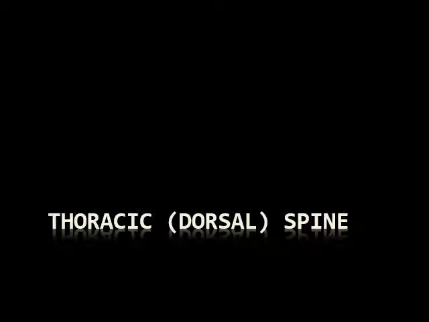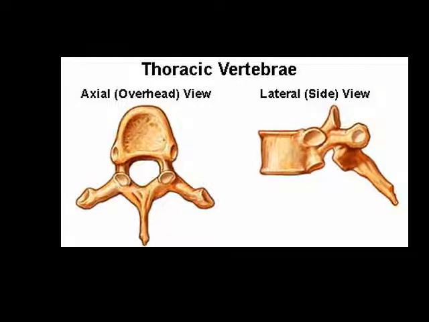Let's go to the dorsal spine. The dorsal vertebra is similar to the lumbar vertebra, but because of the presence of ribs, there are facets for articulations with the ribs. Okay, we have a facet here with hyaline cartilage for the costovertebral articulation, and another facet at the tip of the transverse process for the costotransverse articulation.